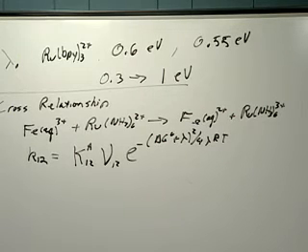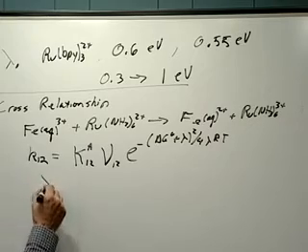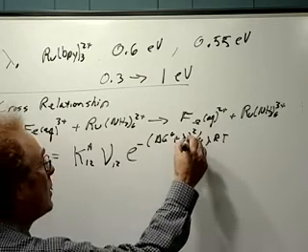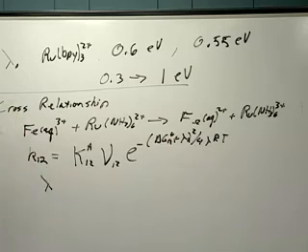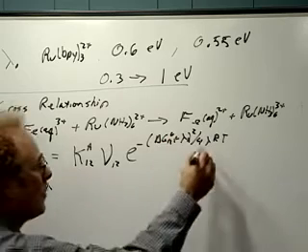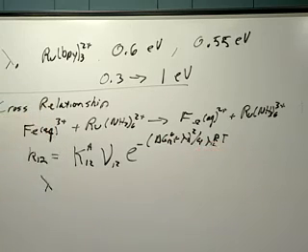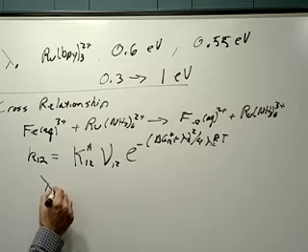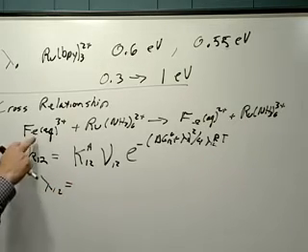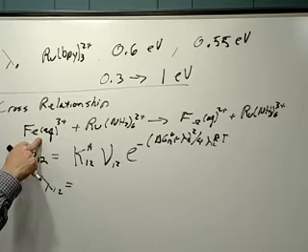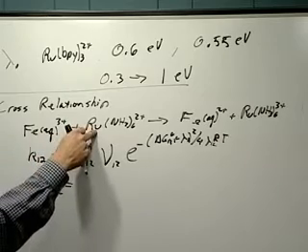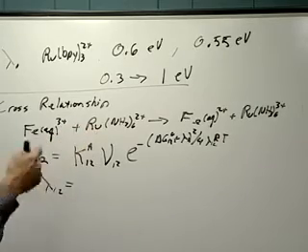And the reorganization energy, this is lambda 1,2, and this is delta G 1,2. This is lambda 1,2 here. And lambda 1,2 is going to be an inner sphere reorganization term for this, an inner sphere reorganization term for this, and then there's going to be the outer sphere.